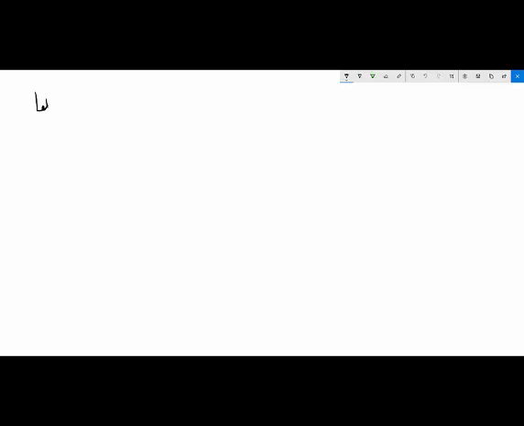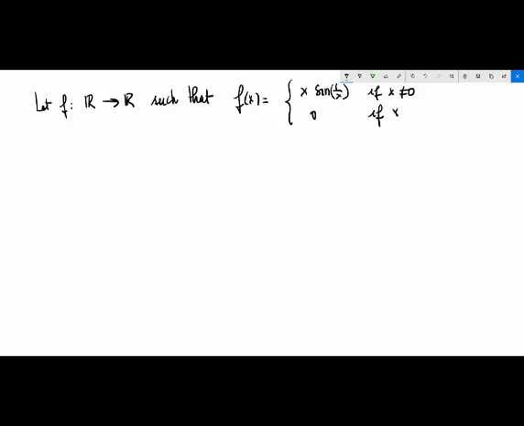Alright, so let's consider another example. Let f be a map between R and R such that f of x is equal to x sine of 1 over x if x is not 0, and 0 if x is equal to 0.